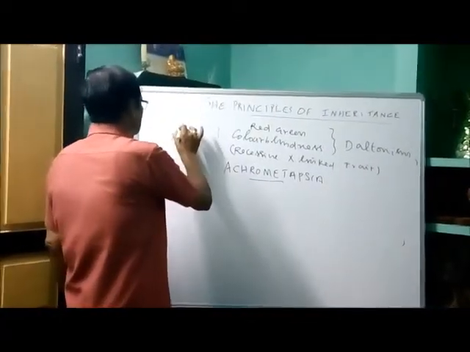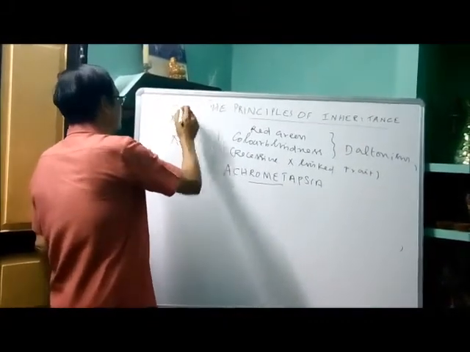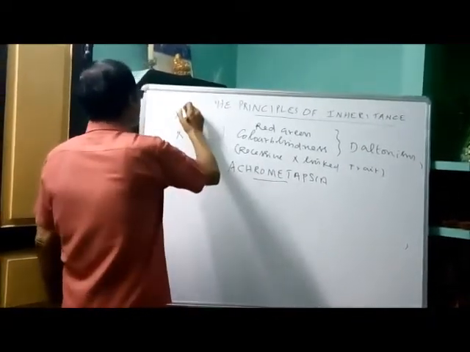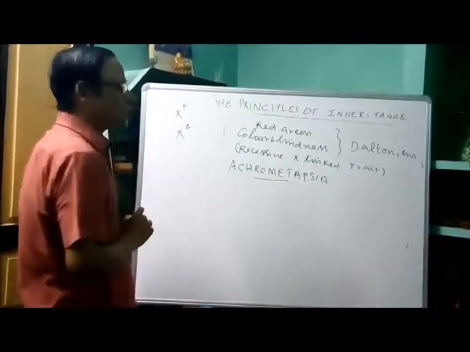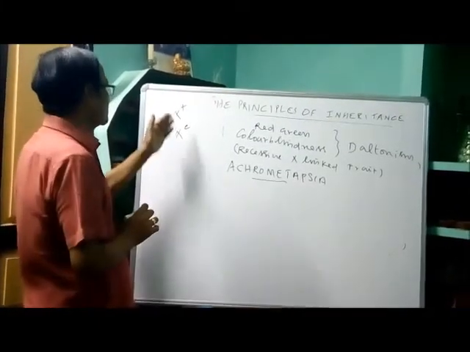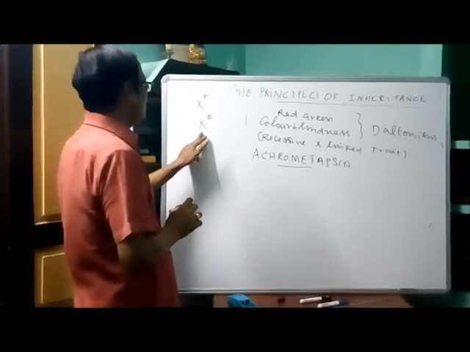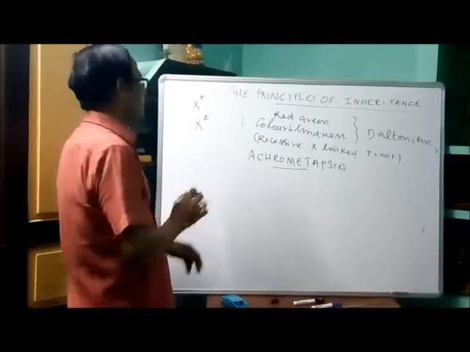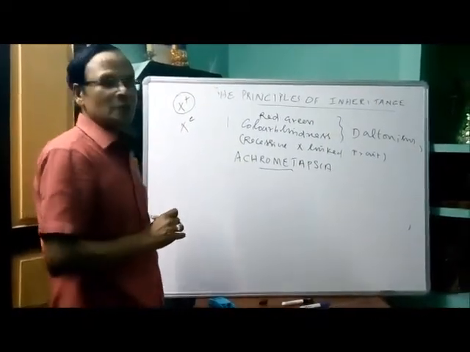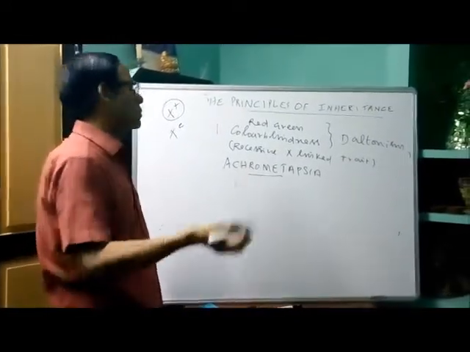We express the X chromosome with a superscript denoting the gene. This is the dominant gene, and this is the recessive gene. The dominant gene is responsible for the formation of certain pigments in the cones for the perception of either red or green or blue.